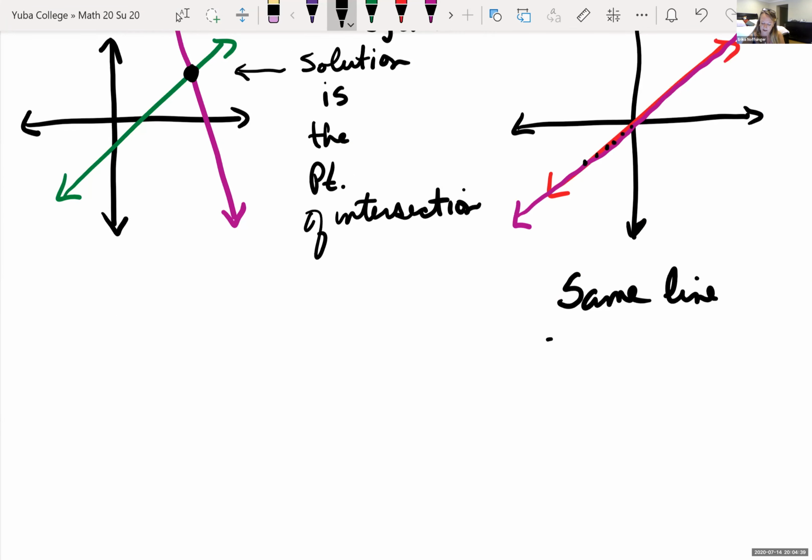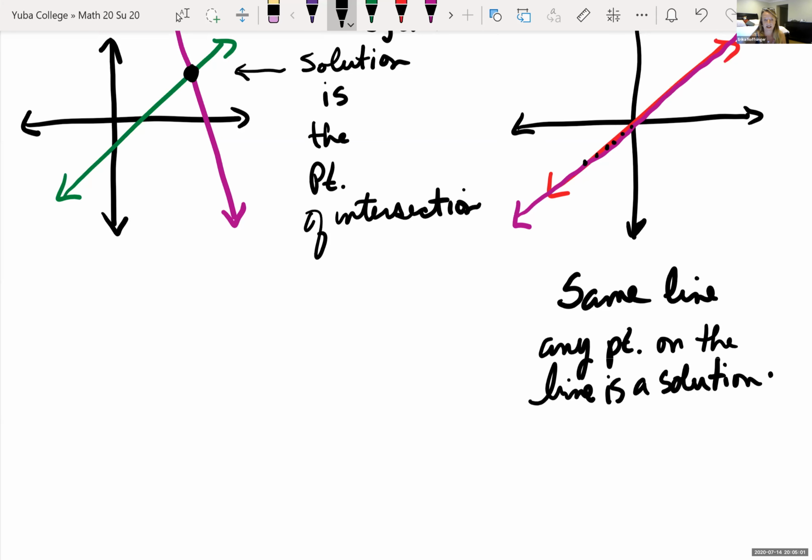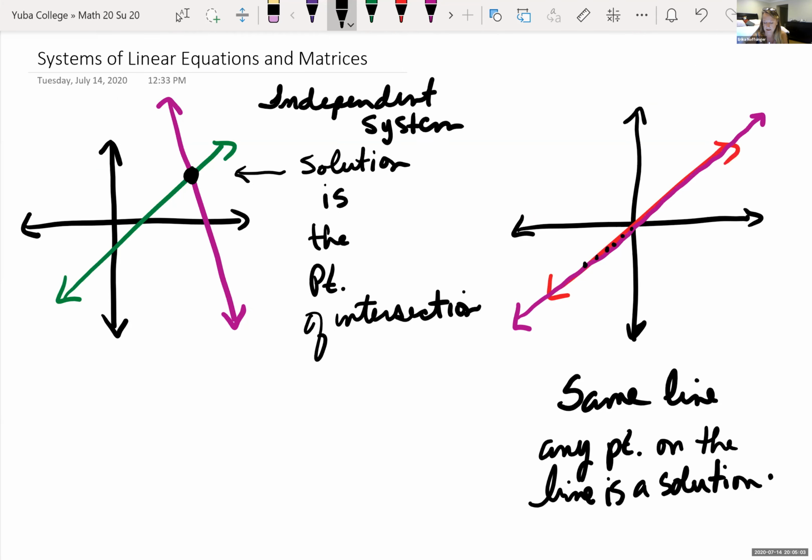So any point on the line is a solution. This is called a dependent system.